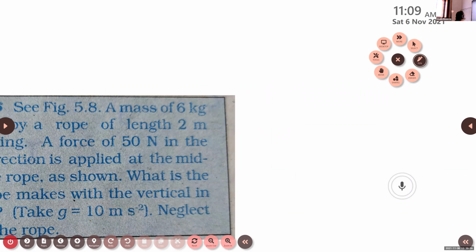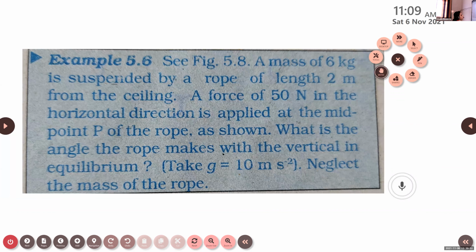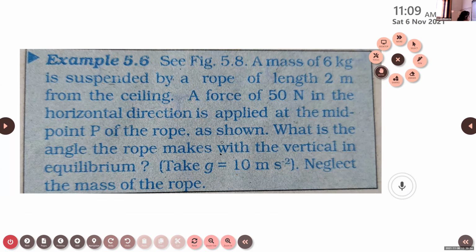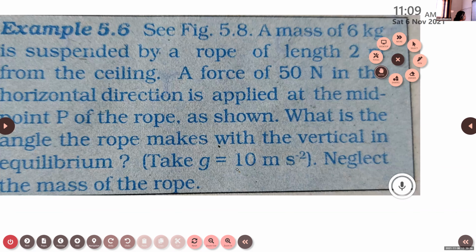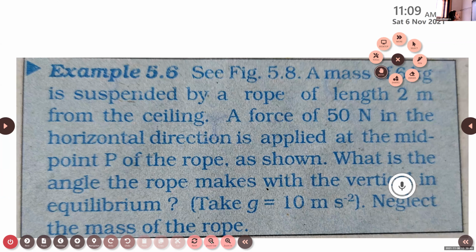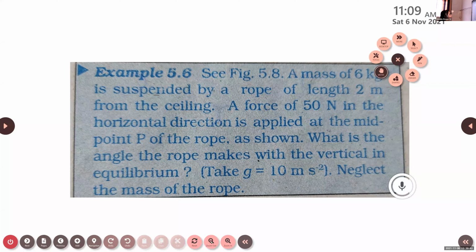Okay, so this is our question, example 5.6. A mass of 6 kilogram is suspended by a rope of length 2 meter from the ceiling. A force of 50 Newton in the horizontal direction is applied at the midpoint P of the rope as shown in the figure.